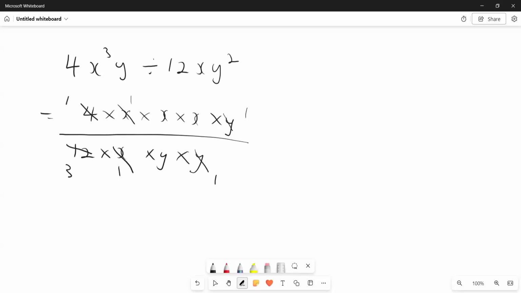All right, so let's simplify it. So 1 by x by x, you get x squared over 3 by y, 3y. Right? So the numerator is less than the denominator.